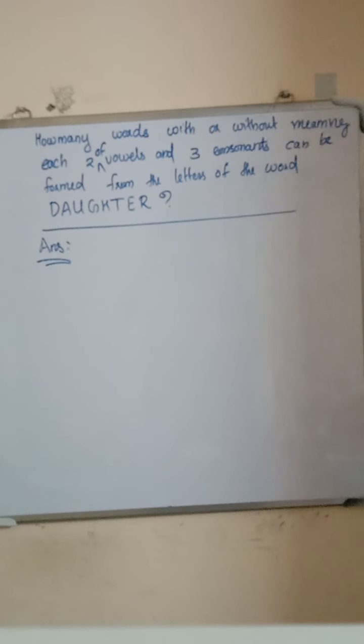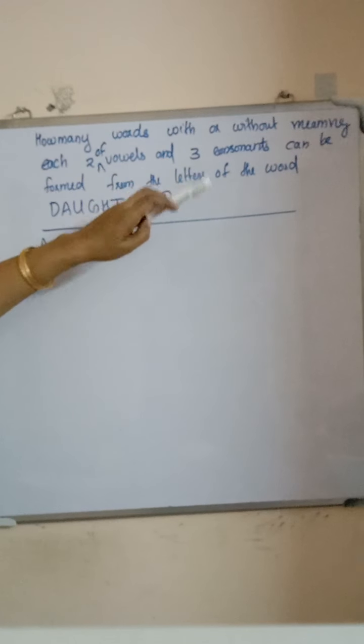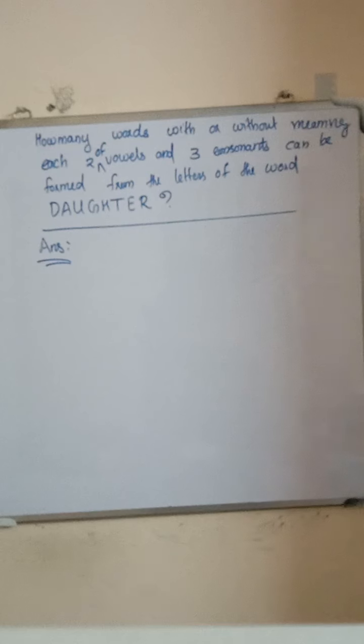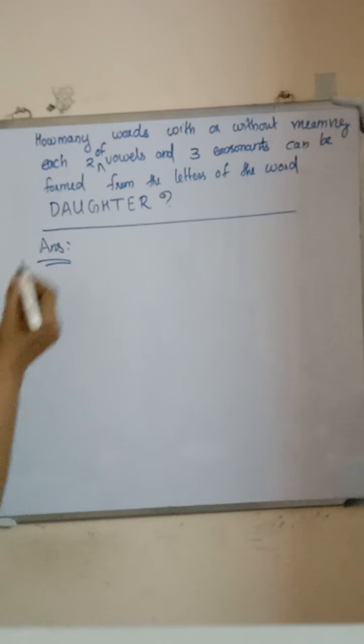Next problem: how many words, with or without meaning, each containing 2 vowels and 3 consonants, can be formed from the letters of the word daughter? In the word daughter, we have 3 vowels and 5 consonants.